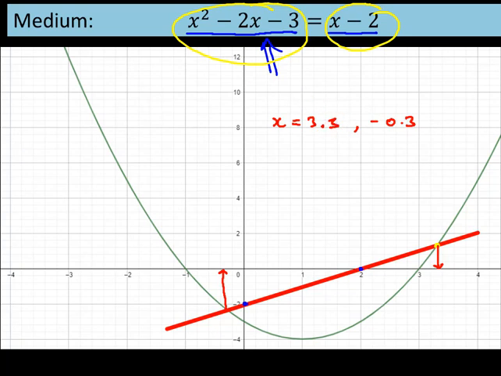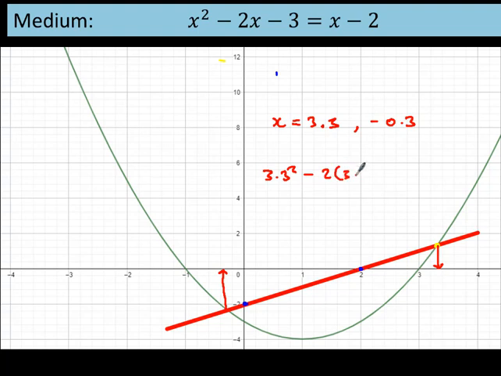I'm going to put 3.3 into both sides of the equation and see if they give me roughly the same number. So I'm going to do 3.3 squared take away 2 times 3.3 minus 3, and then 3.3 take away 2, which is the other side of the equation, and see if they roughly give me the same number.